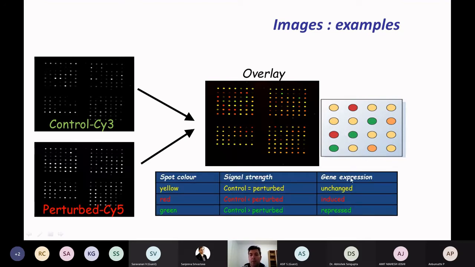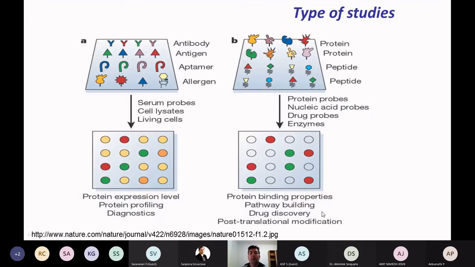The red indicates that in the perturbed situation, we have induced gene expression or protein expression. If the protein remains unaltered in the control and perturbed, it will appear in yellow. And if it's repressed in the perturbed situation, it will appear in green.